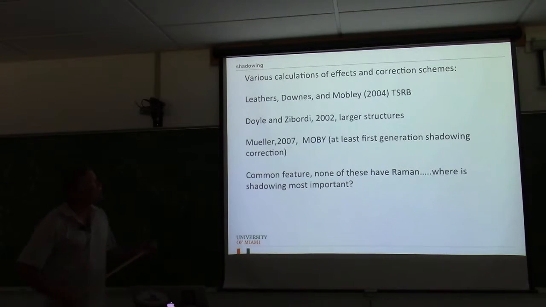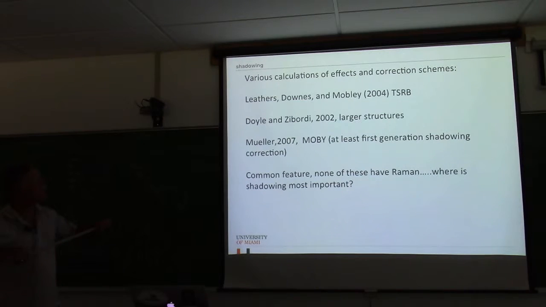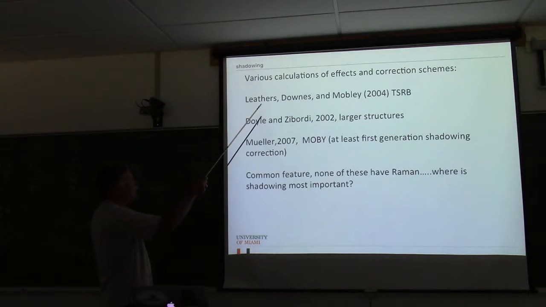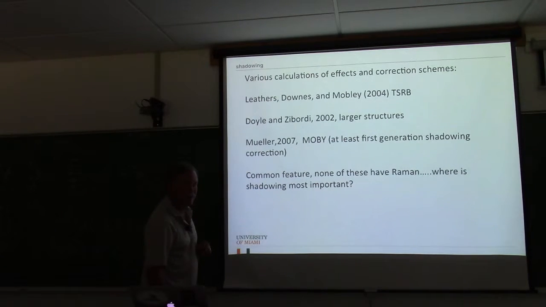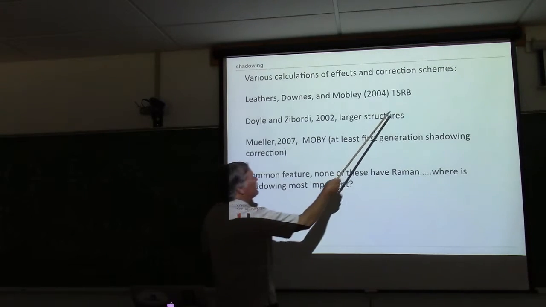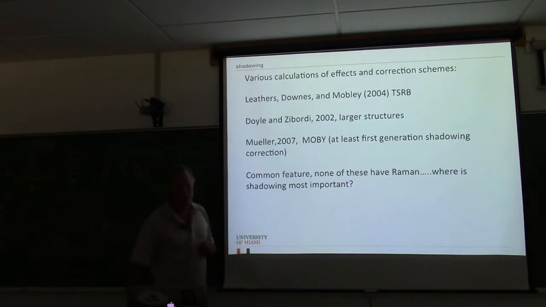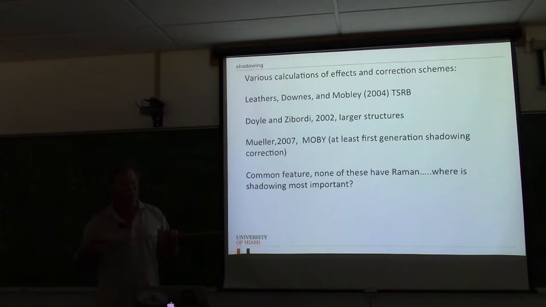There's various calculations and correction schemes for this. Bob Leathers and Kurt and, I can't remember her first name, Mallory Downs, had a correction for the TSRB, which is the tethered surface radiometer buoy.